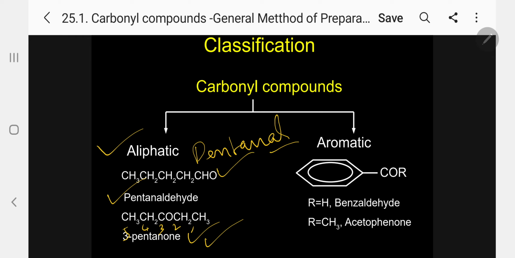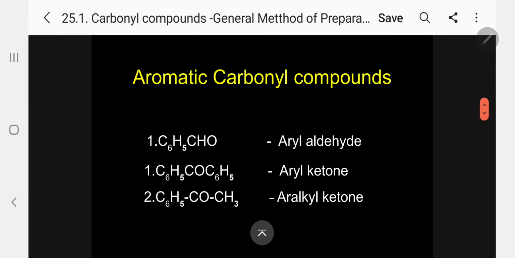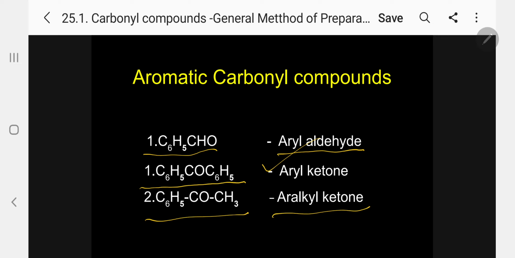Coming to aromatic, COR: if R equals H it is benzaldehyde, if R equals CH3 it is acetophenone. Please follow. Now, coming to the aromatic carbonyl compounds, benzaldehyde is an aryl aldehyde, this is diphenyl ketone, an aryl ketone, and this is acetophenone, an alkyl ketone.